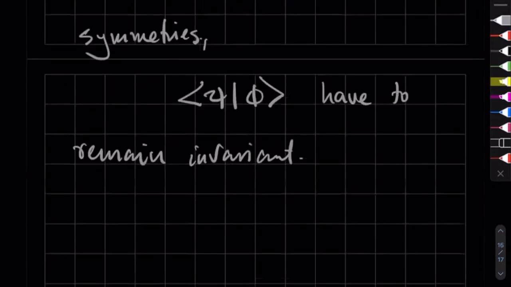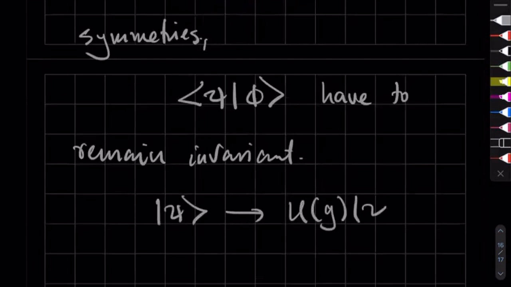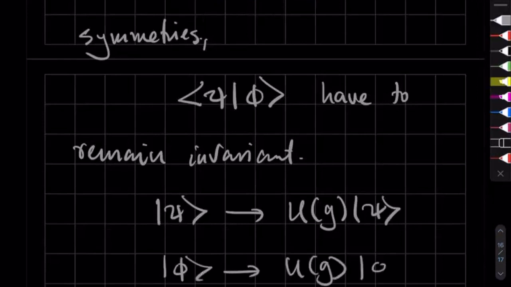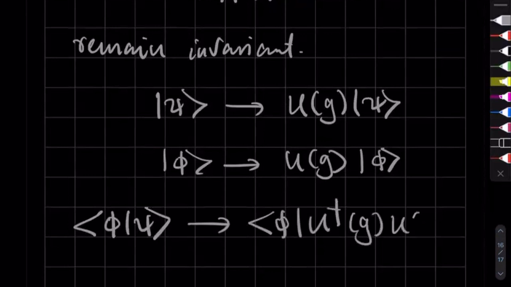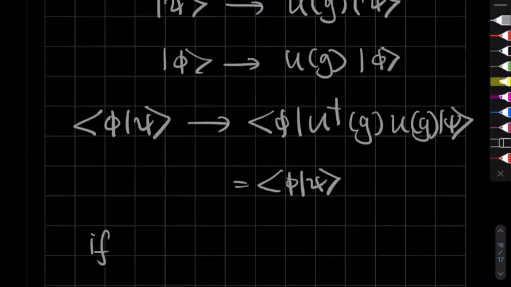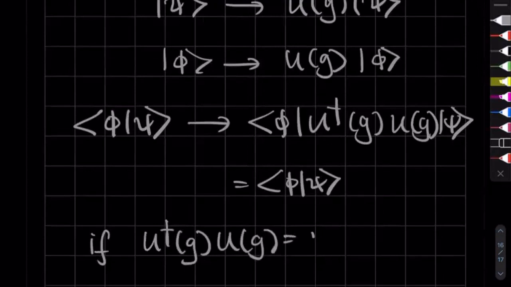We are assuming that when you transform the system, the states transform like so, then of course the inner product will remain invariant if U dagger of G times U of G is 1, that is, if U is a unitary matrix.